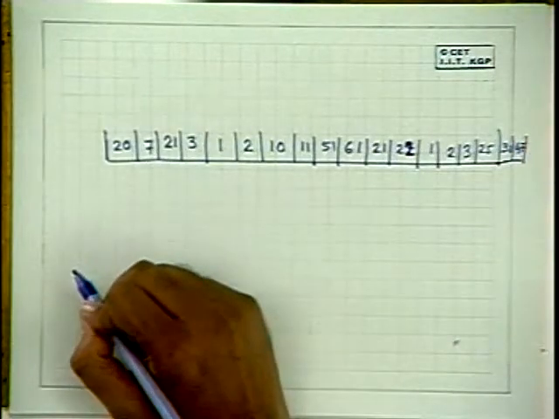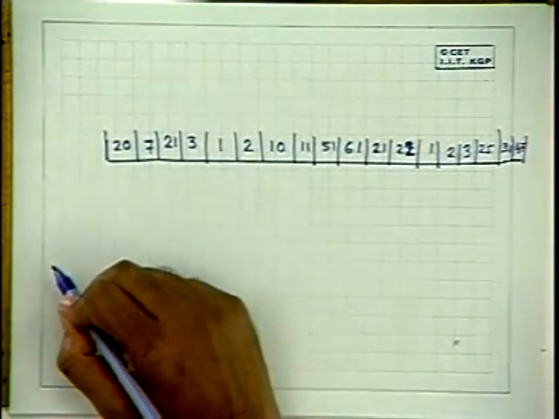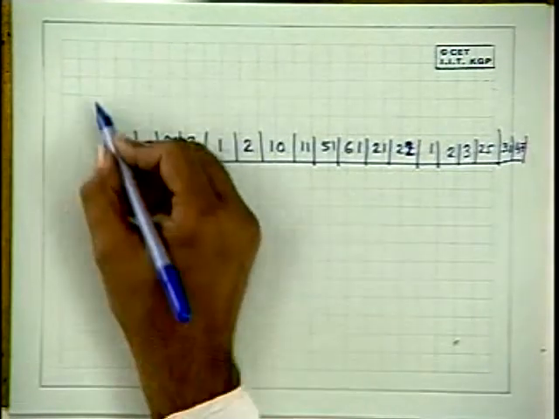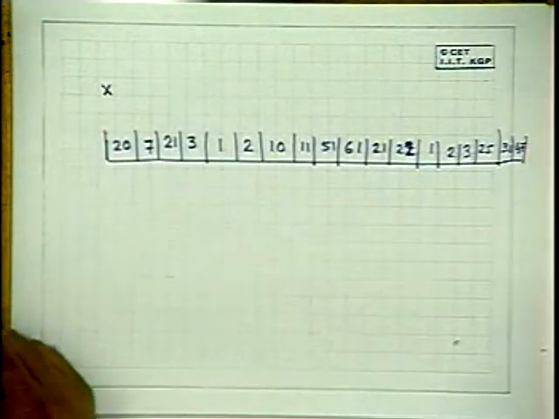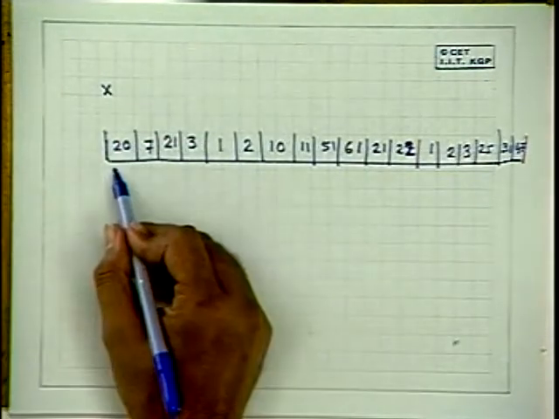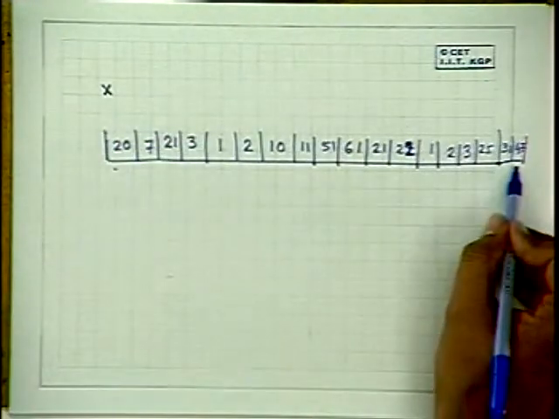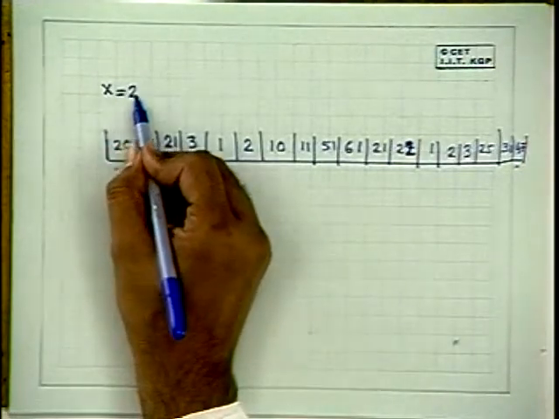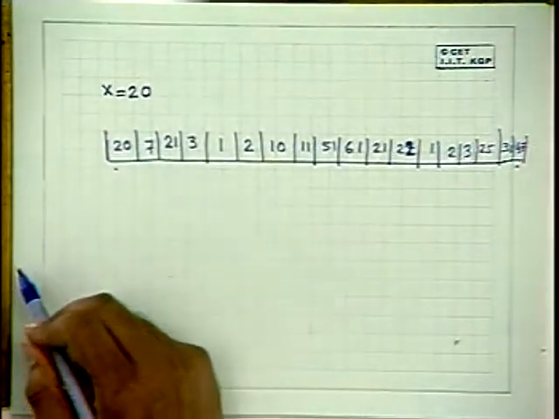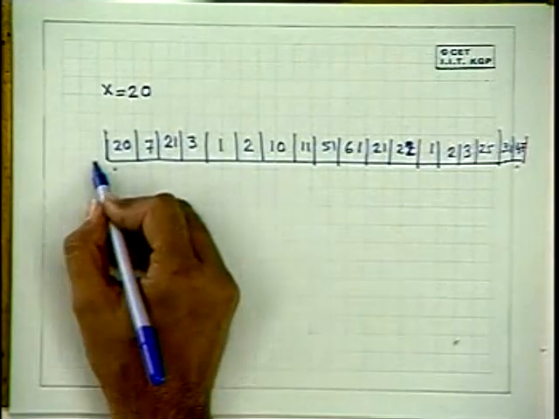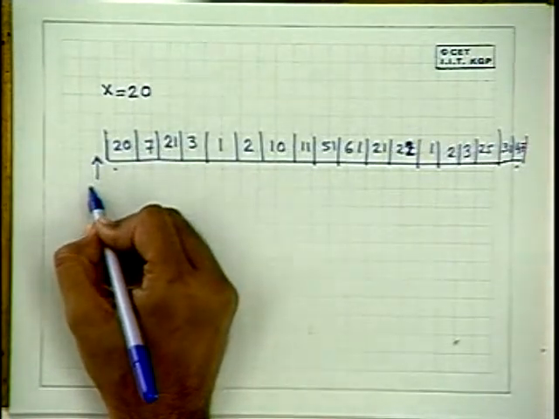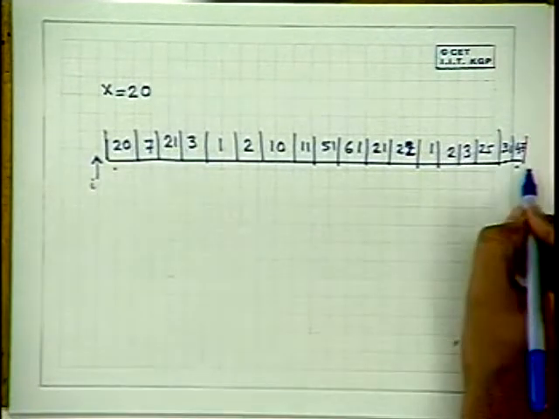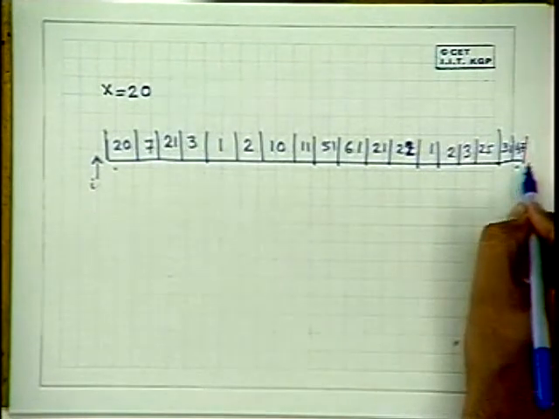Okay, so this is just an array example. If you remember, what is our x in this case? Suppose this is our P and this is our R. X is 20. This is the pivot. And if you remember, I is set here in this position because I was P minus 1 initially. So here was I, and J was just here.